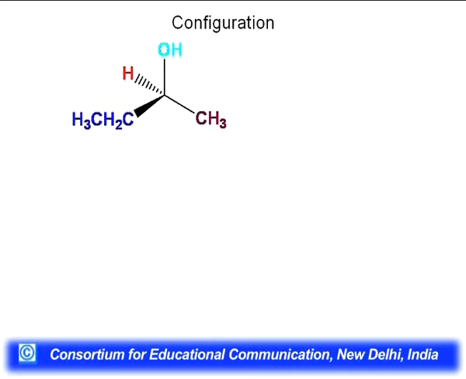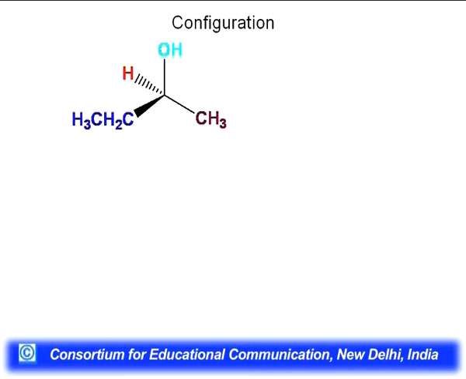On the slide I have made the structure of 2-butanol. Because we have learnt about the chiral center, the carbon with all 4 groups different, here we have the OH, the ethyl group CH2CH3, the methyl group CH3 and hydrogen.